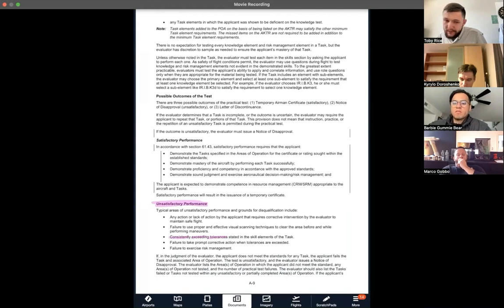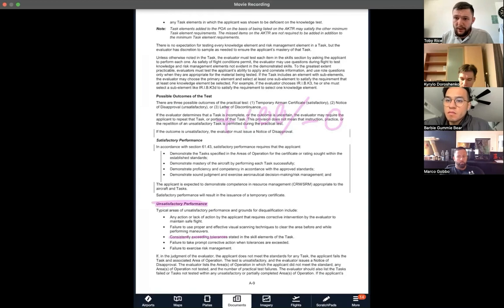So if we look back at the standards, the tolerance was plus 100 and minus 0. So if you go past this once slightly, that's not an automatic fail. It's an automatic fail if you continually go past these on multiple tasks and multiple times.